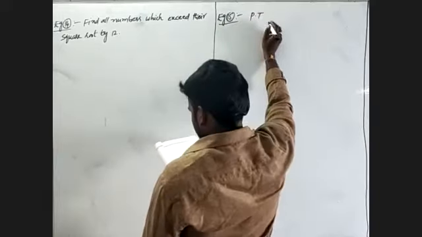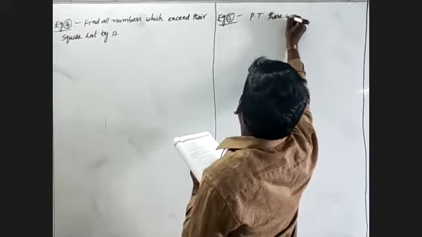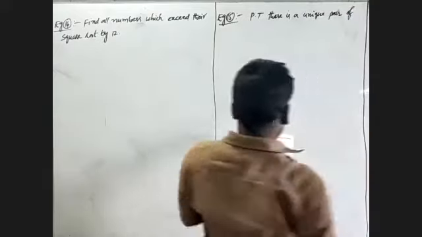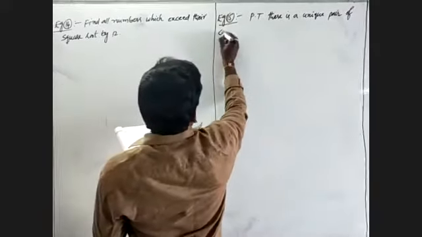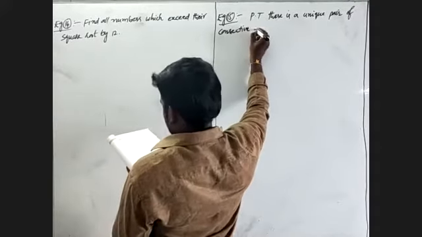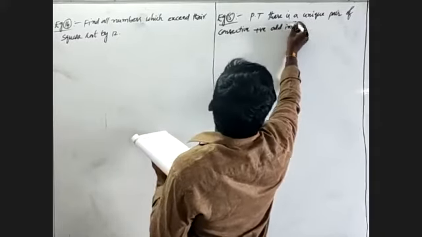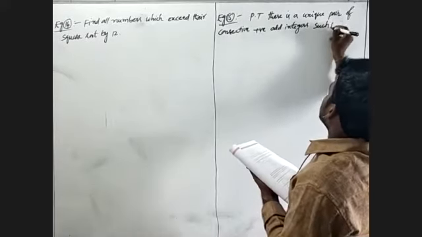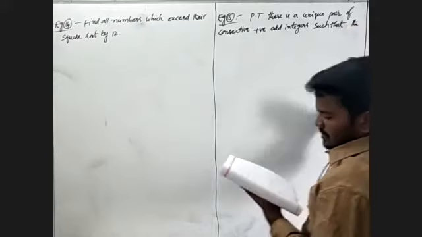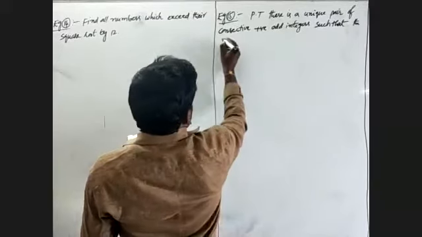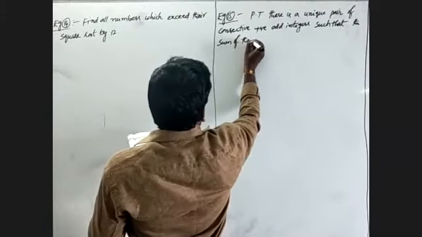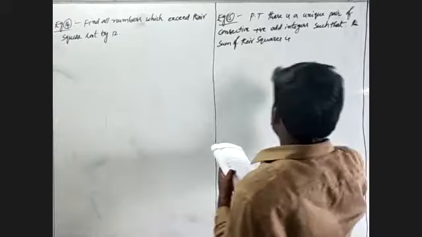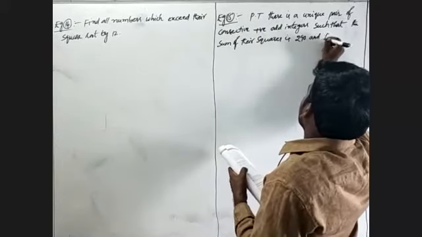Prove that there is a unique pair of consecutive positive odd integers such that the sum of their squares is 290, and find it.